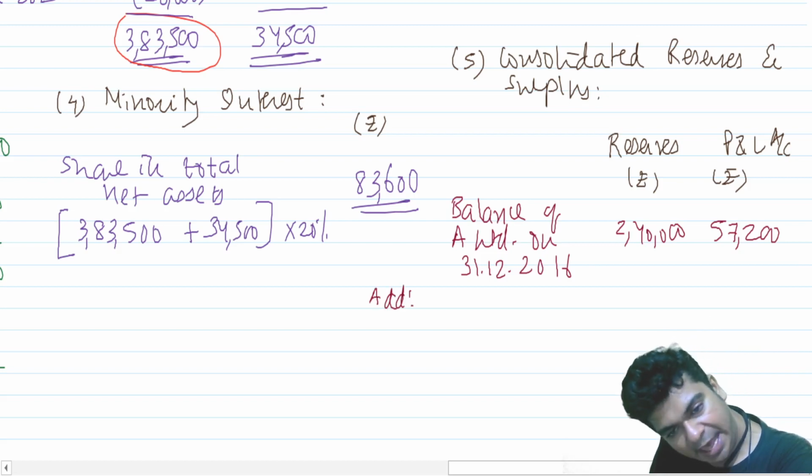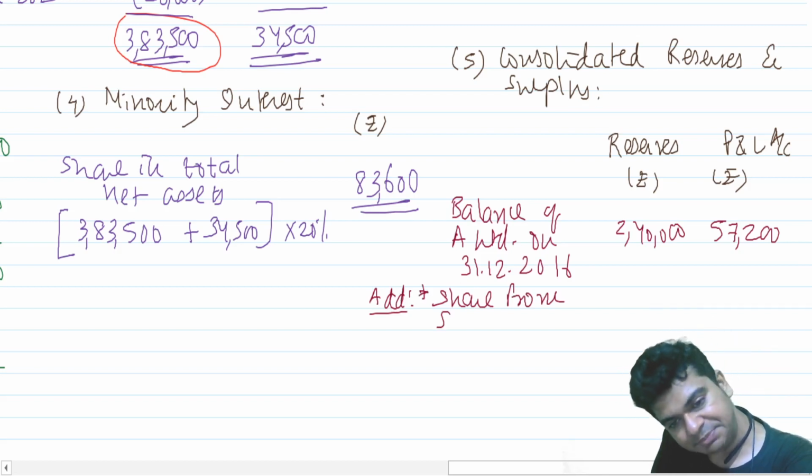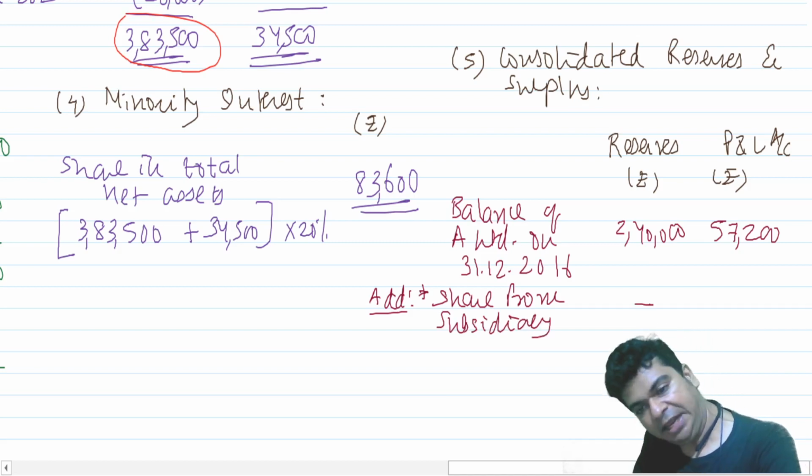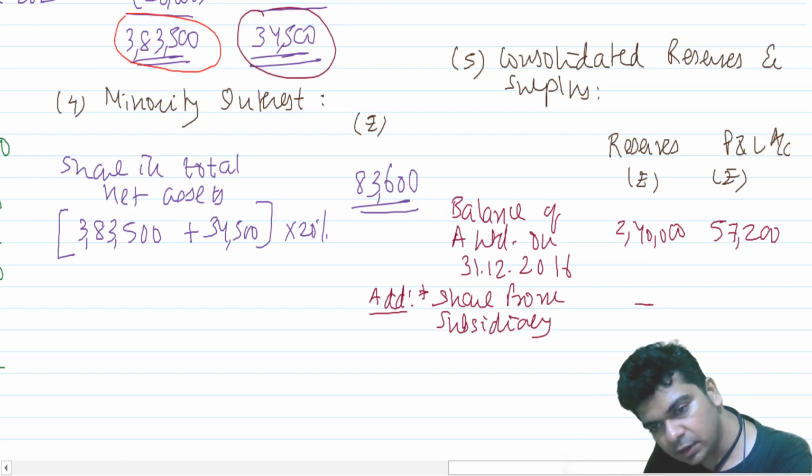To this we say add share from subsidiary. We aren't getting any share from the reserves, but yes, we do have this 34,500.